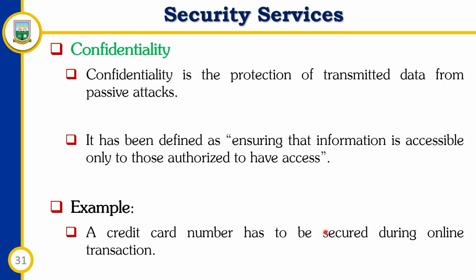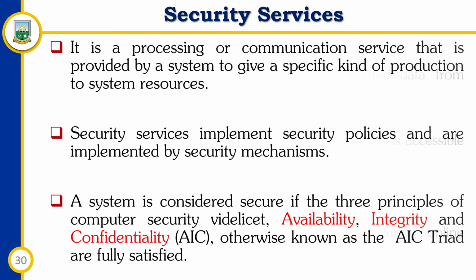So anytime we are able to hide information from unauthorized access or individuals or users, we term it as confidentiality. Confidentiality is the most apparent aspect of the AIC triad, and also the most attacked among the triad when it comes to information security. Anytime you hear of an attack and an attack and an attack, most of the attacks fall under this security service, which is confidentiality.